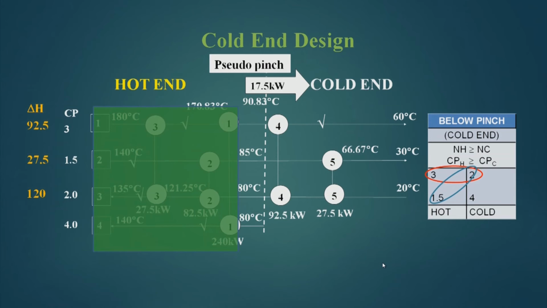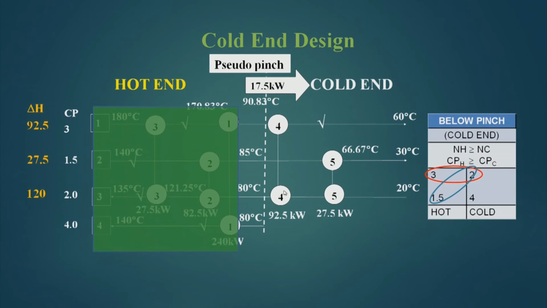Now, I put a second heat exchanger between this 2.0 and 1.5. This match does not obey the CP rule, whereas this match obeyed the CP rule.